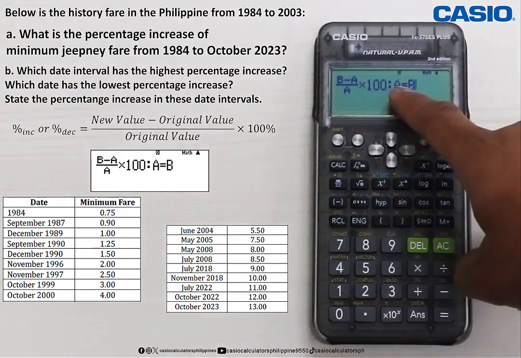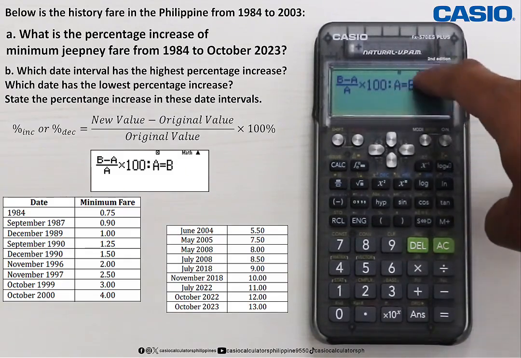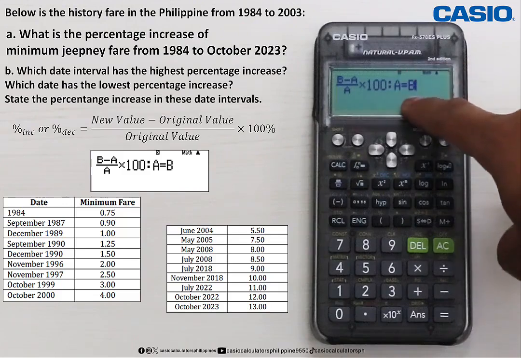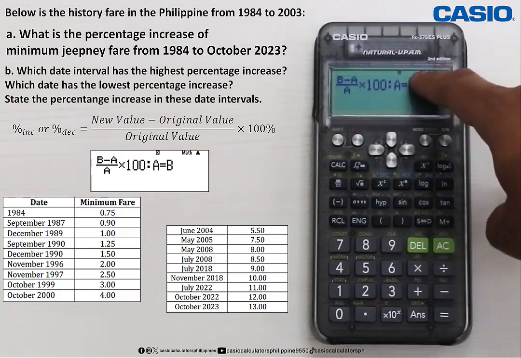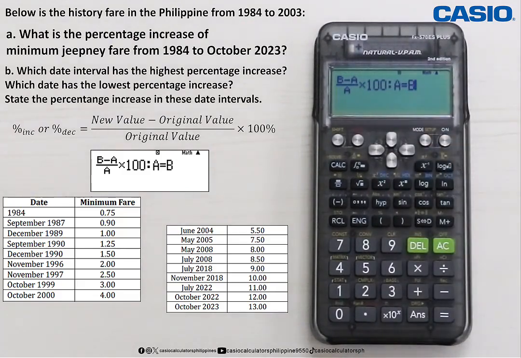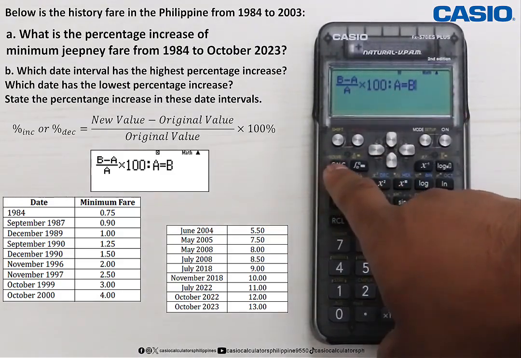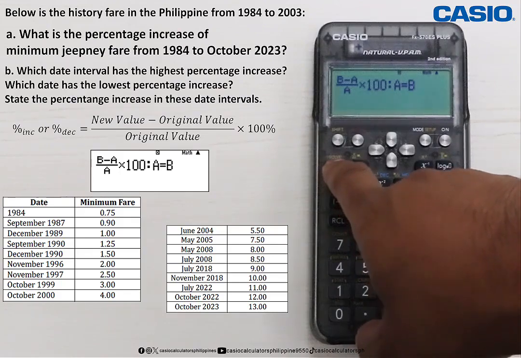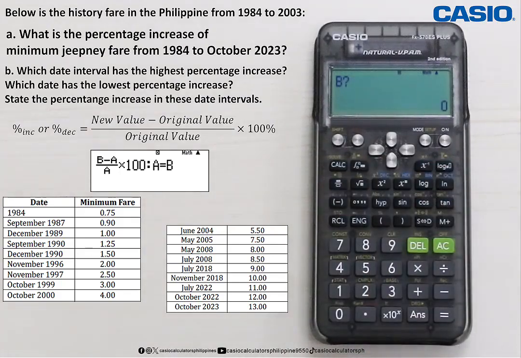Whatever the value of B, it should be rewritten into our variable A, which is the original value. In this way, we can simply substitute the next new value into the equation. So to use this, we need to press the calculate button.